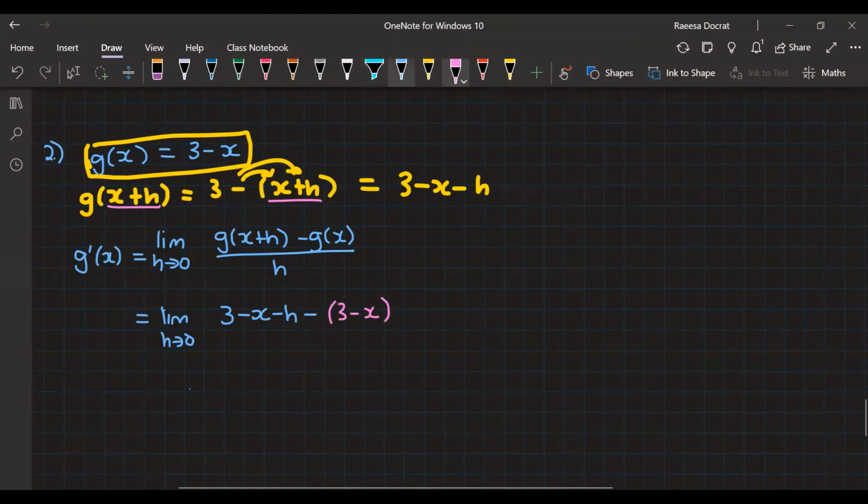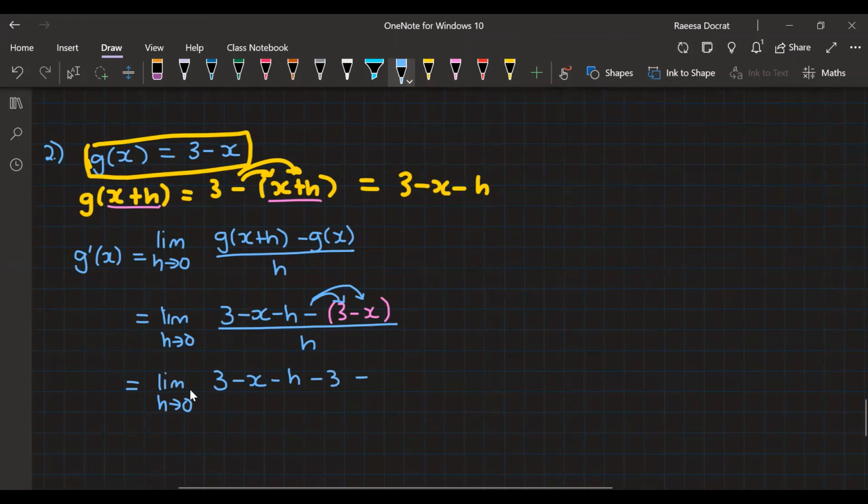Please see that I put it in brackets, so I remember to distribute that minus to both terms inside the brackets. That's a common mistake, that the minus is only distributed to the first term. So we have 3 minus x minus h minus 3, and minus minus x gives us a plus x, all over h. The 3 cancels out with the negative 3.